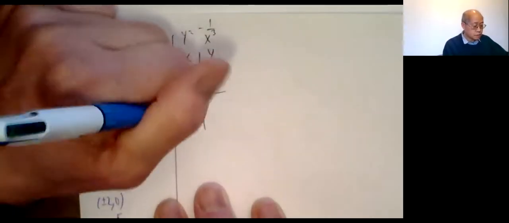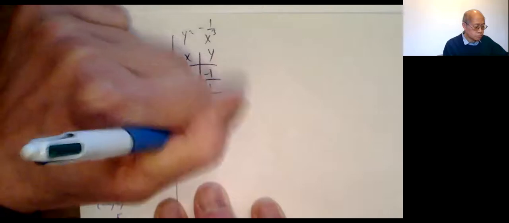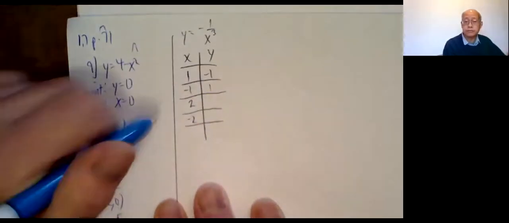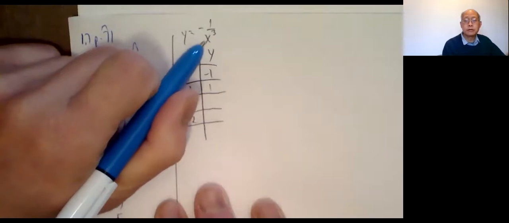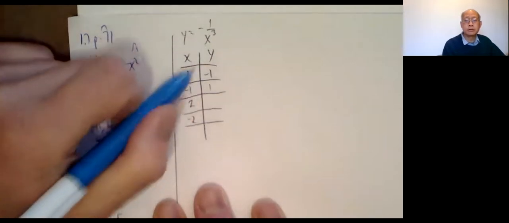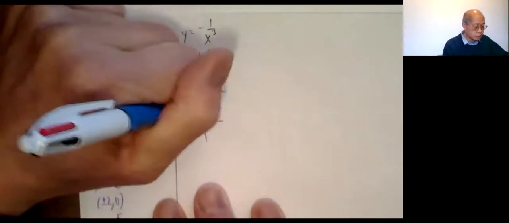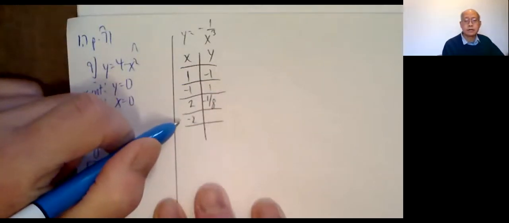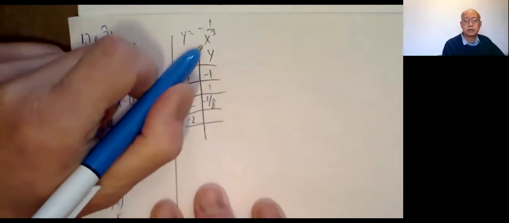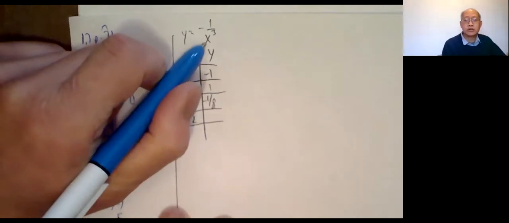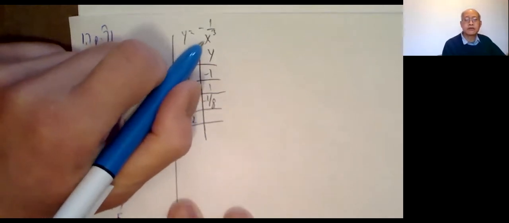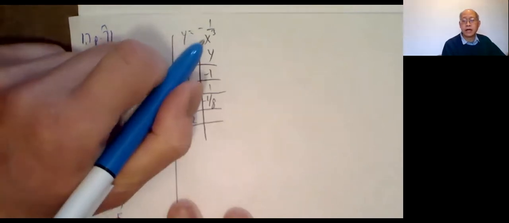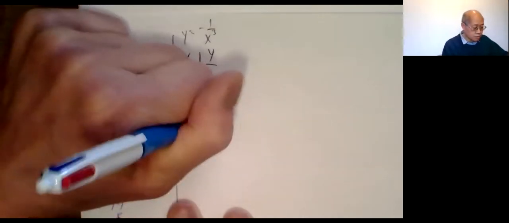Well, how about 2? 2 cubed, 2 times 2 times 2, is 8. So -1/8. How about -2? -2 cubed, -2 times -2 times -2 is -8. -1 divided by -8 is 1/8.